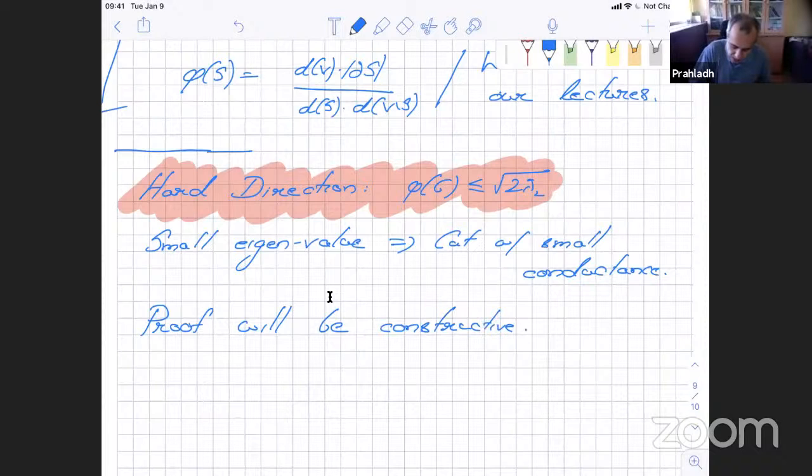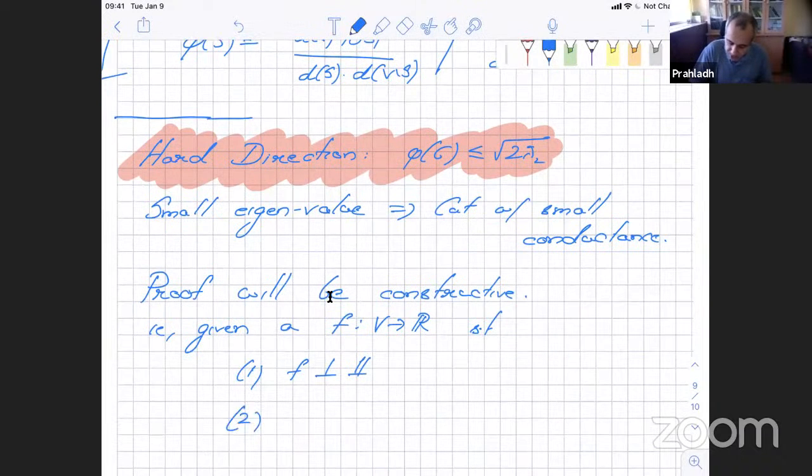That is, given a function f from V to R, such that f is orthogonal to the all ones, and furthermore, let's call f transpose L f over f transpose f some rho.